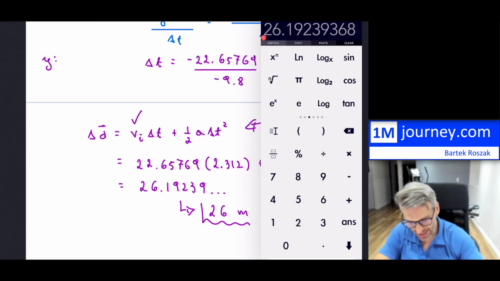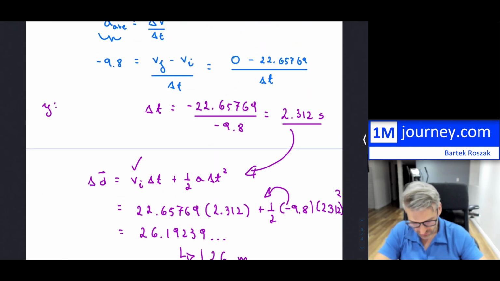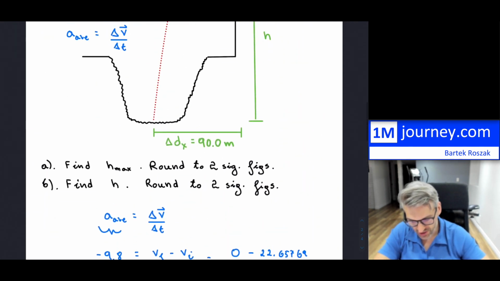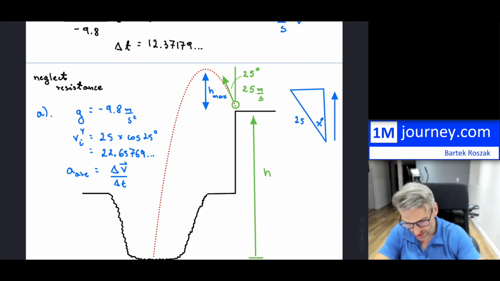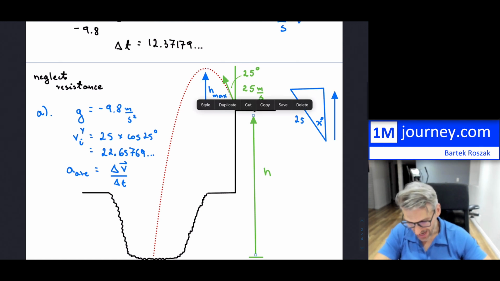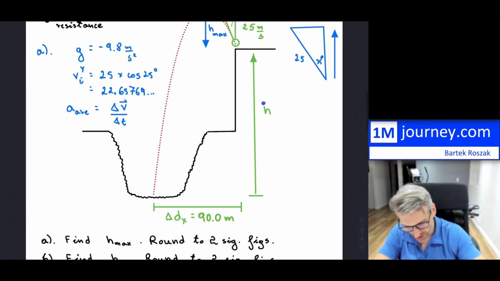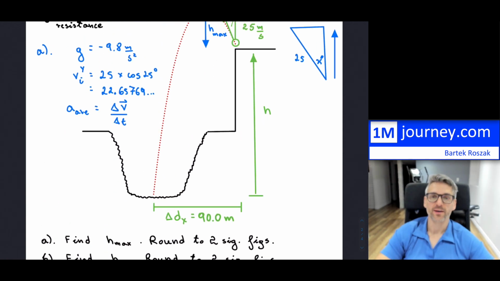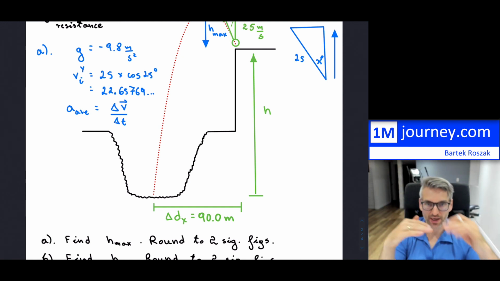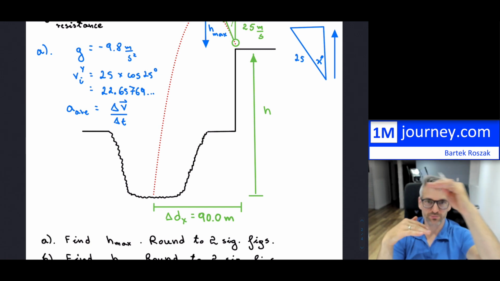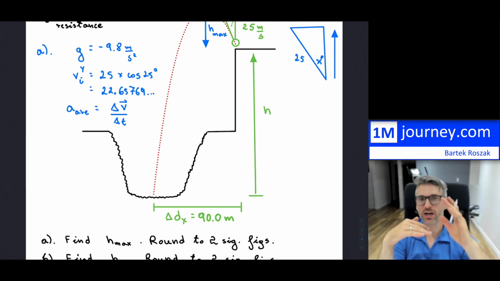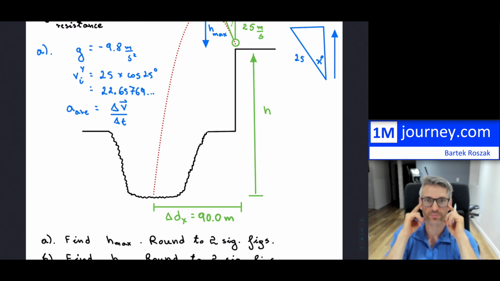So once we have this information, we can actually jot it down in here. And this would have been our peak, so this is going to be the peak from here to here. All right. Now, what else do they ask us? Because they ask us another question. Find h. And h is all of this, right? So that's the height above what we have from the launch of that ball or whatever it is that has been launched.